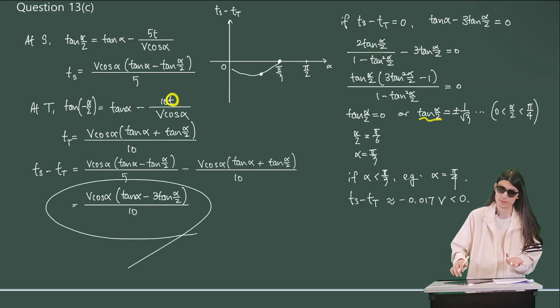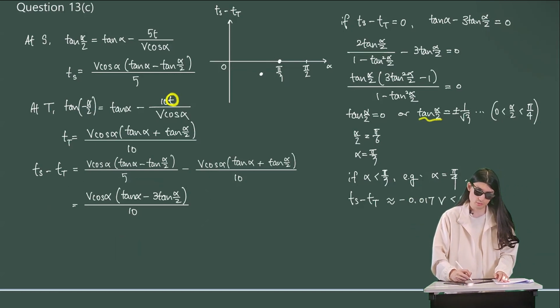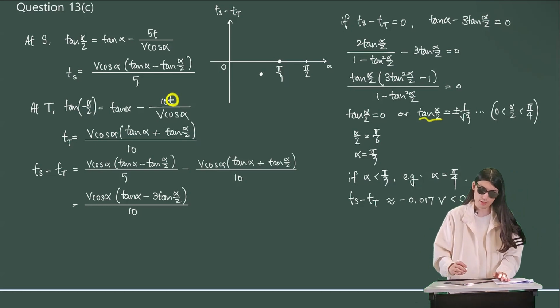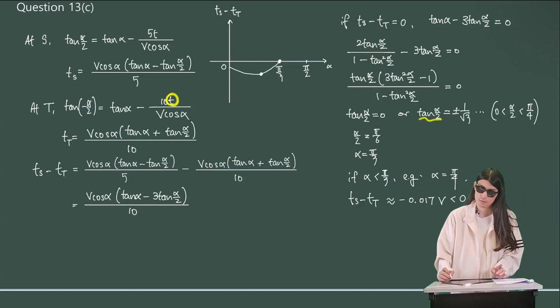It could look like what I have just drawn, or it could look like that. I don't care what it looks like. But what I know is that for all values of alpha less than pi on 3, Ts minus Tt is negative. That's what I know.